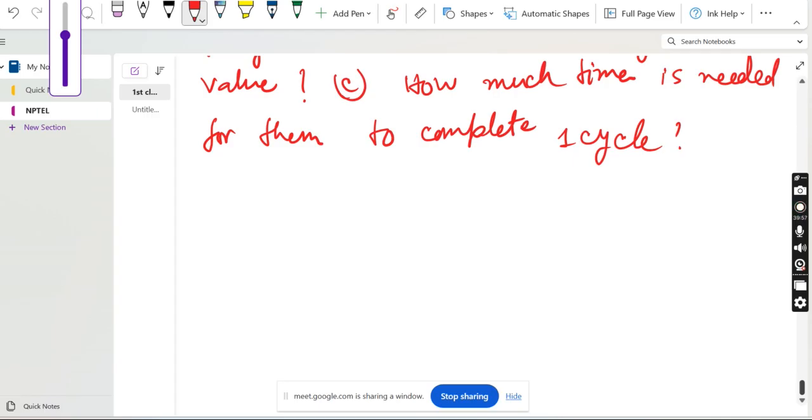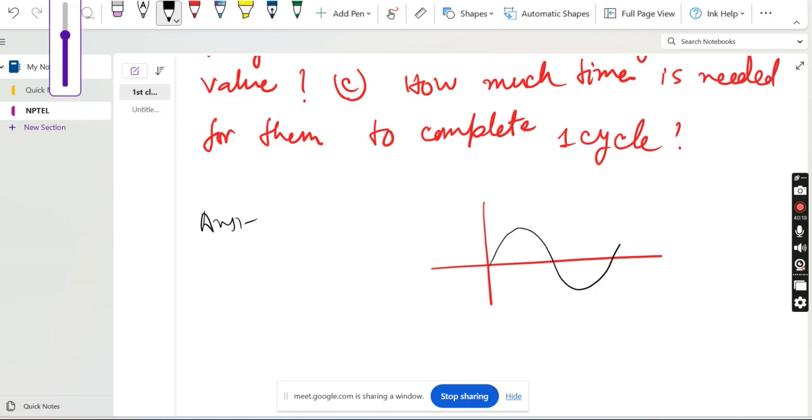Basically, they have asked that when the field strength will be 0. So this is a sinusoidal field, and we have seen that electric field is given as E naught sine 2 pi ft, so sine function. So we know sine function moves like this.